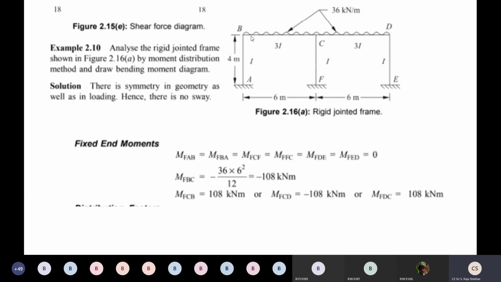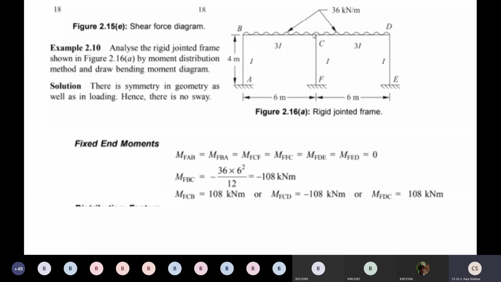Here W is the intensity of load, that is 36 kN/meter, and L is equal to 6 meters. If you apply this, MFBC is equal to minus 108 kN·m. It is anti-clockwise, because fixed end moment opposes the applied load.